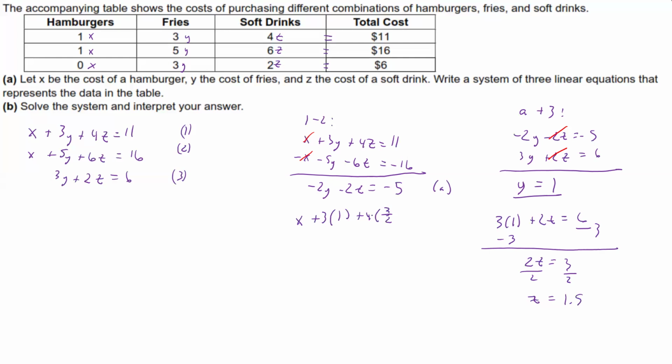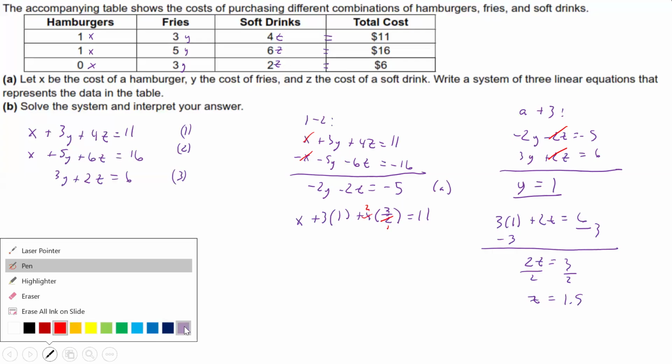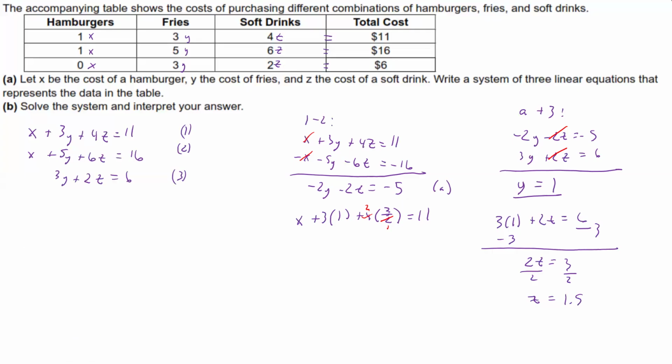That 2 goes in here once, and that goes in here twice. So 2 times 3 is 6, and 6 plus 3 is 9. I'm going to subtract 9 from 11, and I get x equals 2.